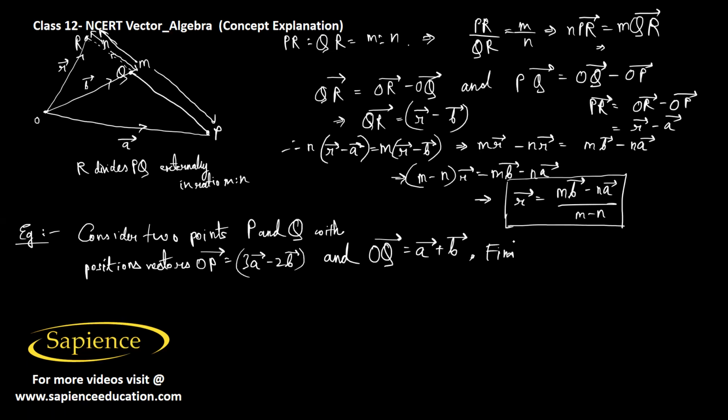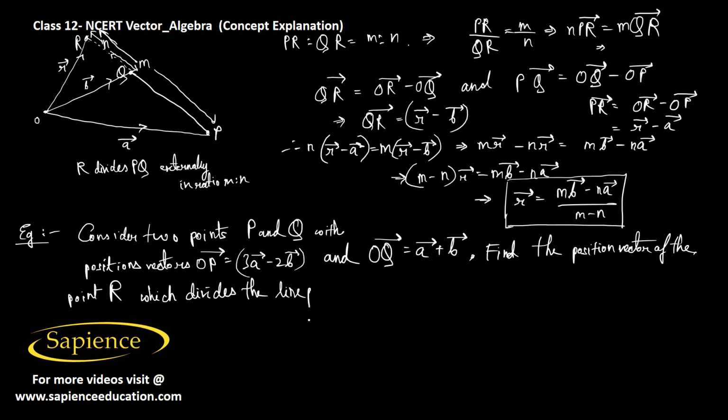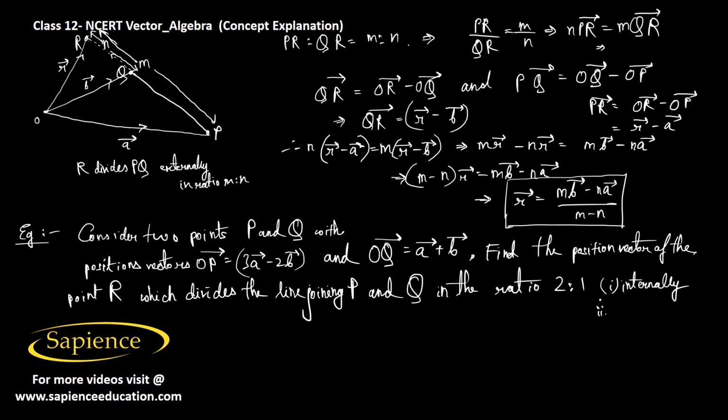Then find the position vector of the point R, which divides the line joining P and Q in the ratio 2:1, first internally, and the second externally.